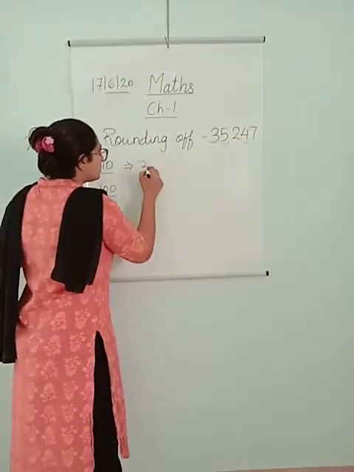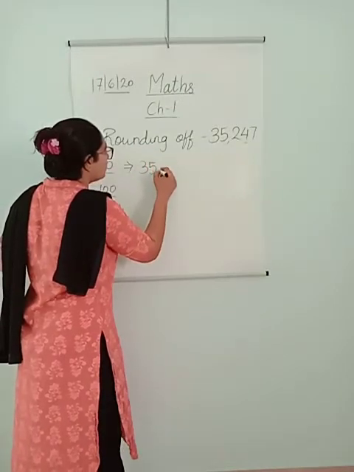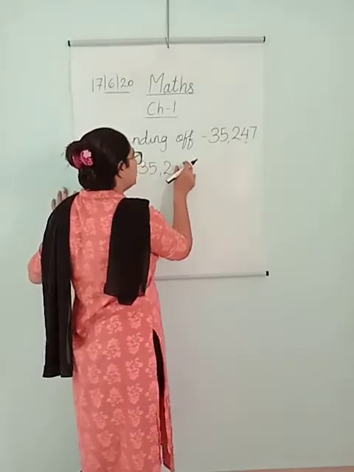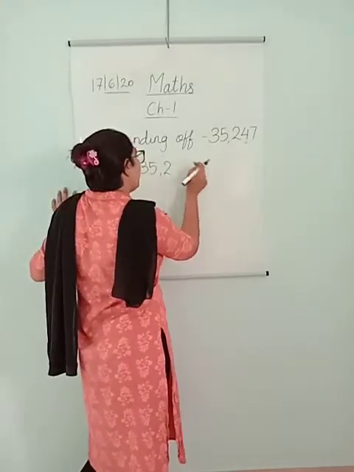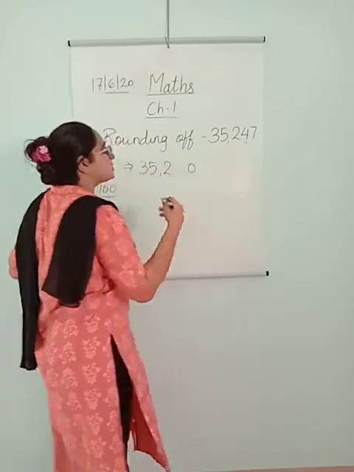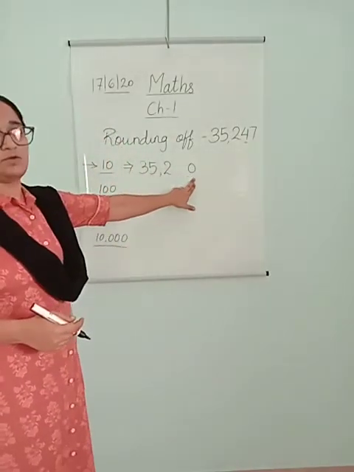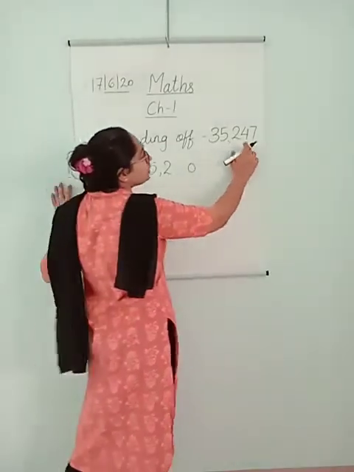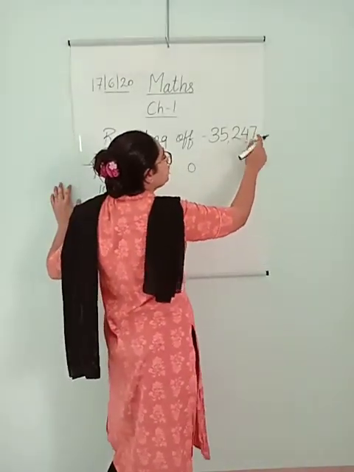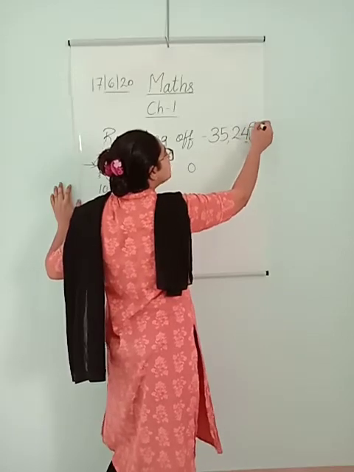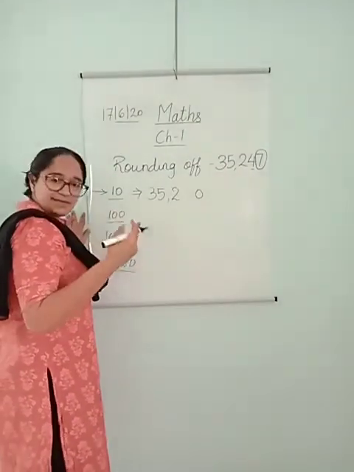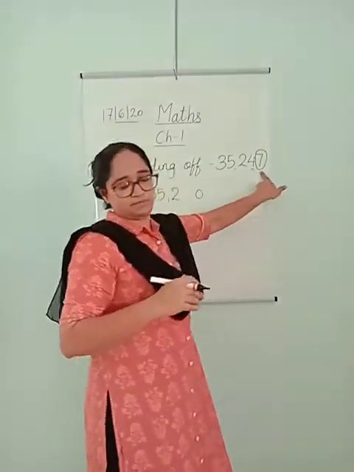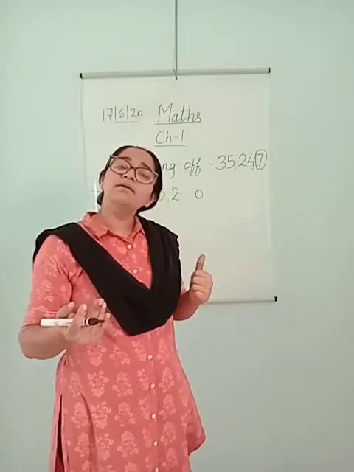So 3, 5, 2. Now this is the place where you have to round off. So you will have some number here. After that, whatever digits are there, they become 0. Getting me? Now, when I have to round off at this position, I have to check the number adjacent to it. So 7 is the adjacent number. Is this 7 greater than 5?